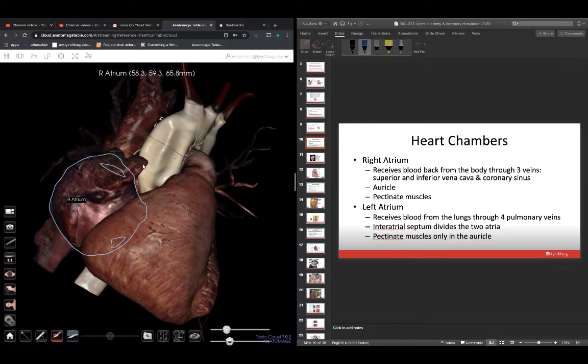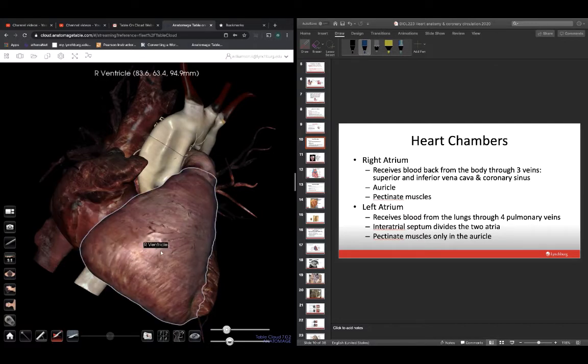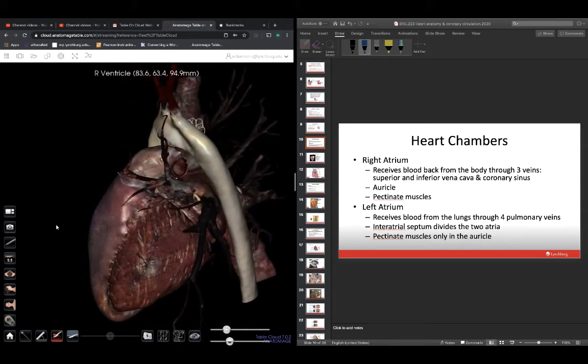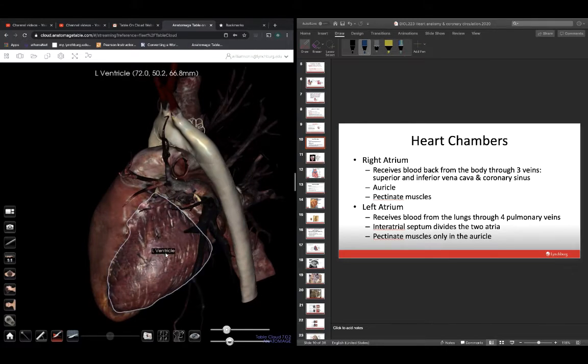I always describe this in class as a little pig's ear. Just underneath the right atrium is going to be the right ventricle. If we turn around and we look at the left side of the heart, we're going to see left atrium in this region, and just inferior to that, the left ventricle.